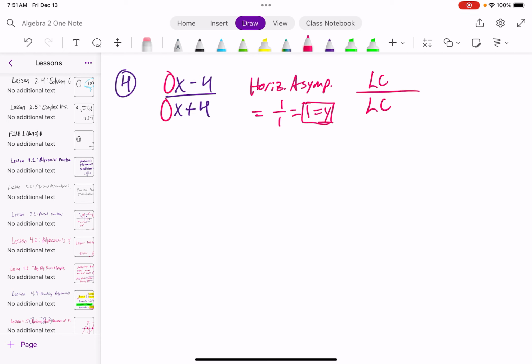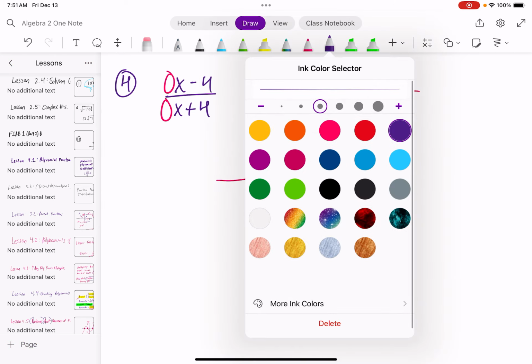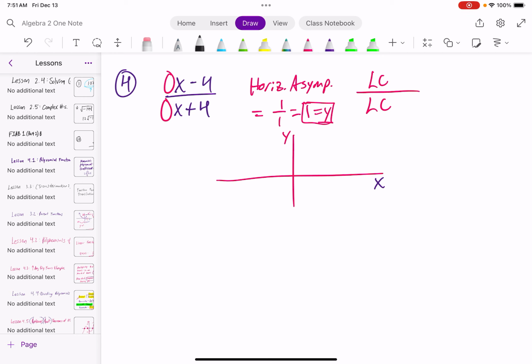Right? For it to be horizontal, we need to be talking about the y. If we were talking about the x, let's say x was 2, then it would be vertical, as you can see. But instead y is 1.